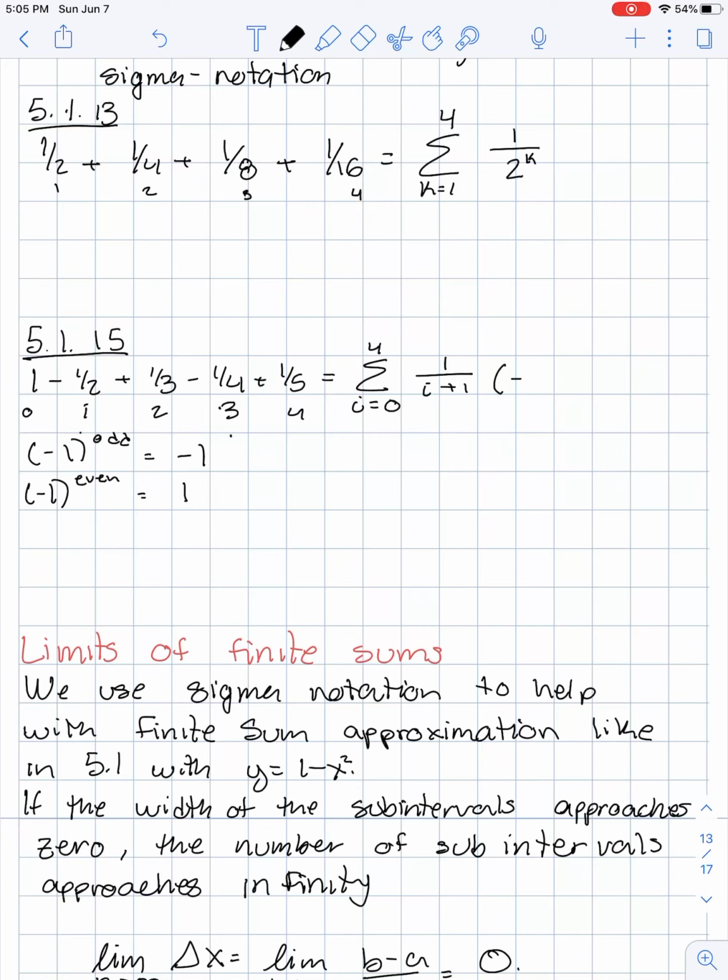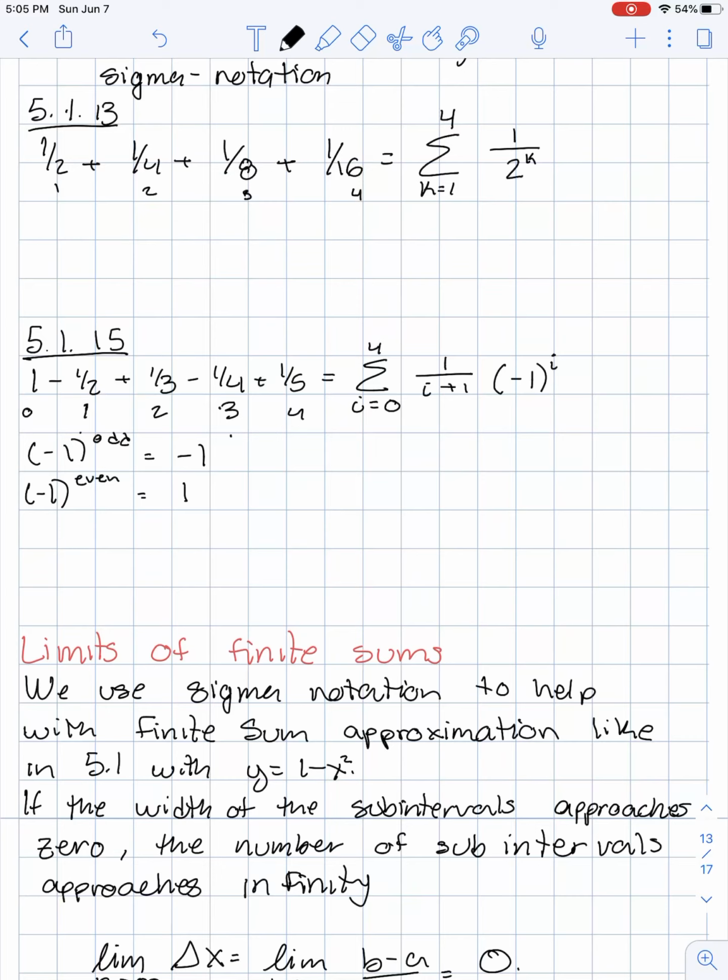So if I multiply this by -1 and raise it to i, for the first time I'll get a positive 1. And then when i equals 1, I'll get 1 over 2 times negative 1, which gives me a negative 1/2. That's exactly what I wanted.